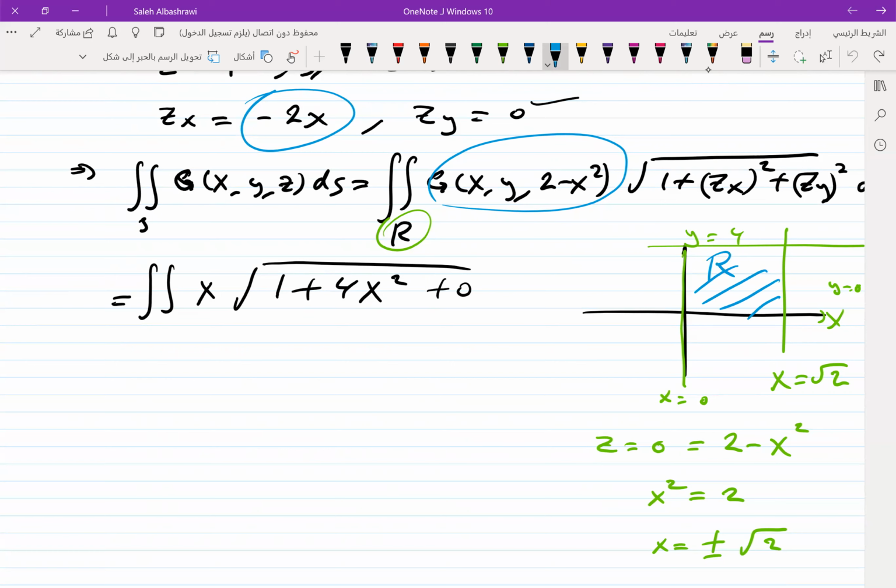So the limits, if we are using type 1 or type 2, dy dx, if I say type 1, that will be dy dx. The limit for y is 0 to 4 and x from 0 to square root of 2, sorry, this is 2, not x.